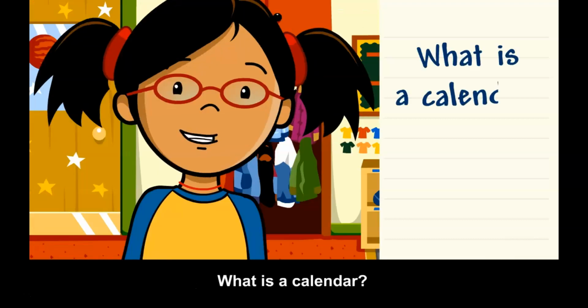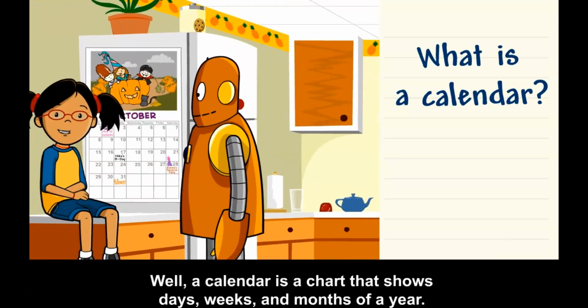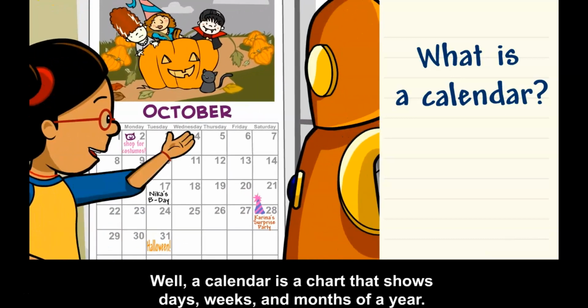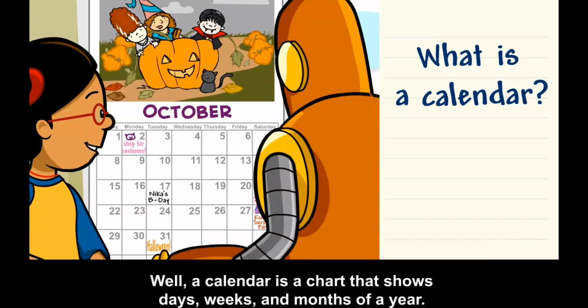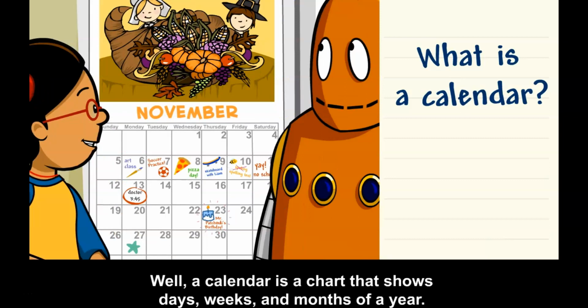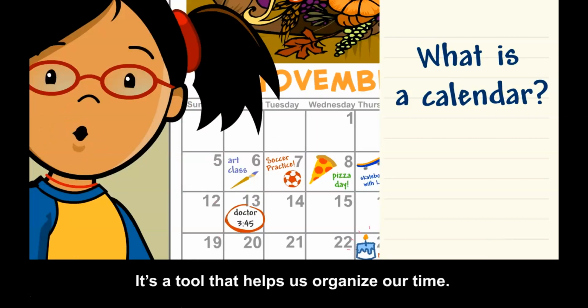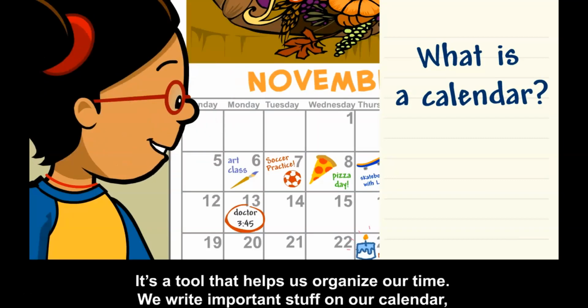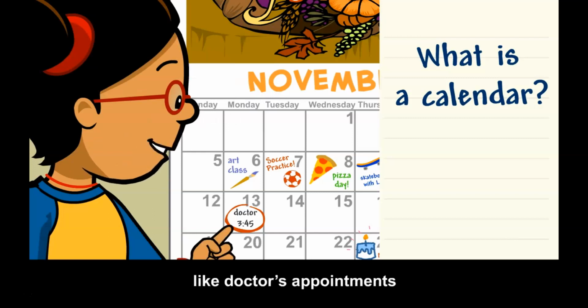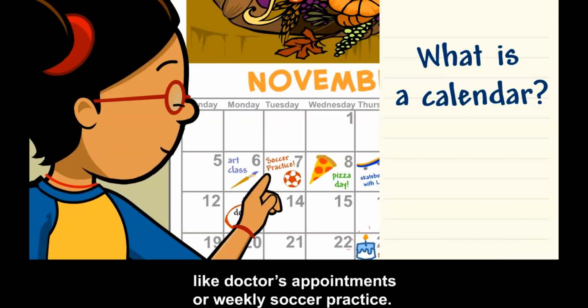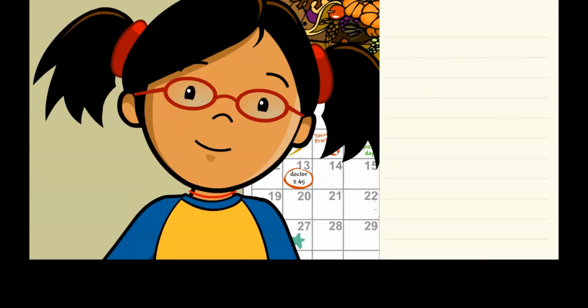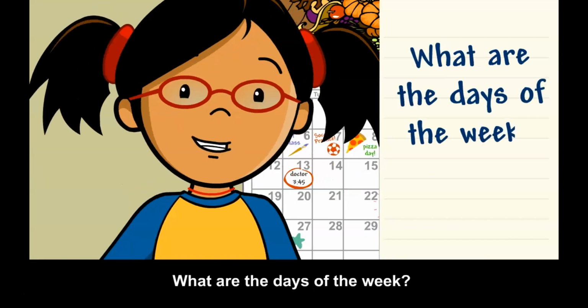What is a calendar? Well, a calendar is a chart that shows days, weeks, and months of a year. It's a tool that helps us organize our time. We write important stuff on our calendar, like doctor's appointments or weekly soccer practice. What are the days of the week?